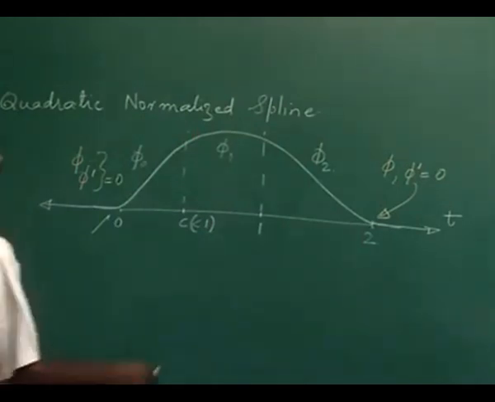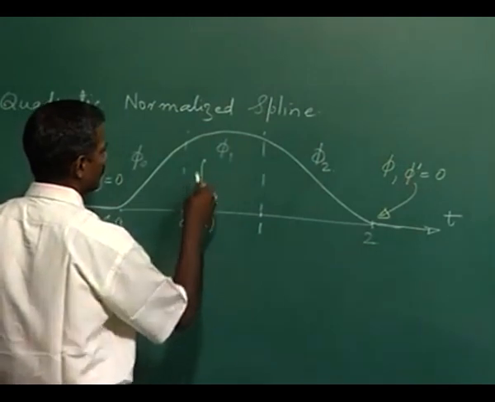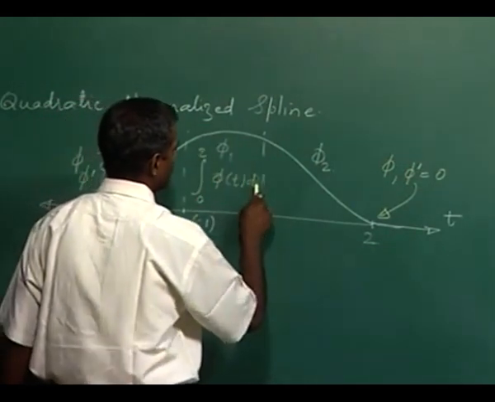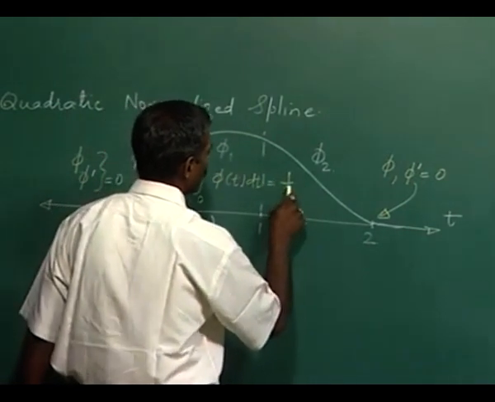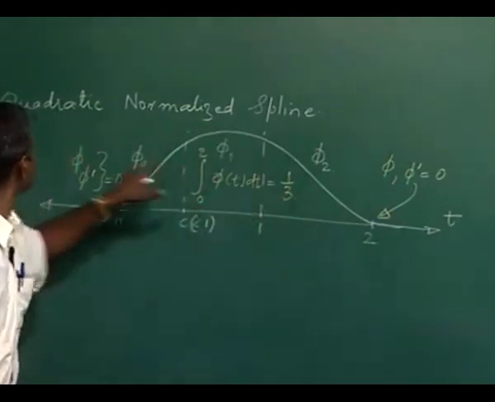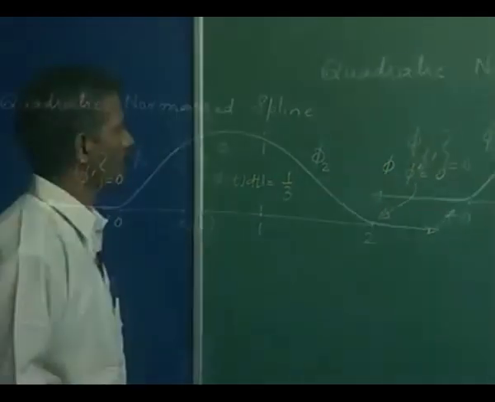And the fifth one is integration from 0 to 2 of phi t dt equals 1 over 3. 3 is the order of quadratic spline. So you have 5 conditions.